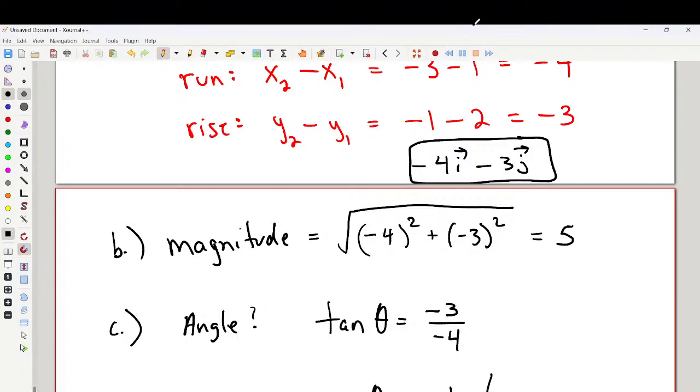We do, because it's in quadrant 3, so you would have to add 180. And I'm not even going to turn to a calculator. That's an exact answer.